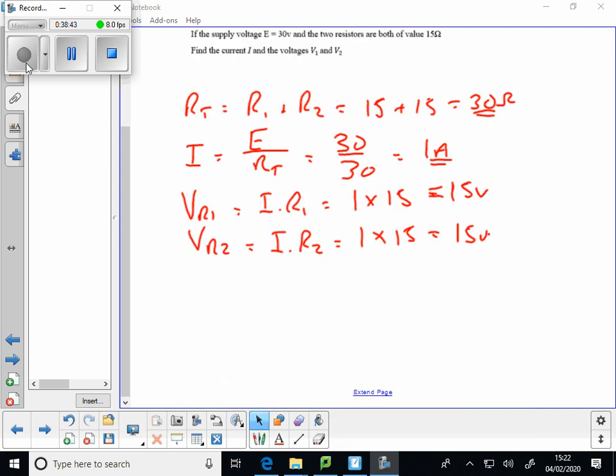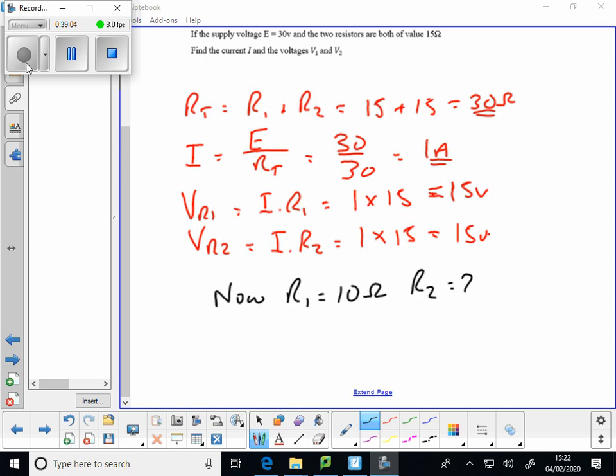Now on your page, calculate what happens if R1 is changed to 10 ohms and R2 is changed to 20. Can you do that, please? So change R1. RT is still equal to 30 ohms.